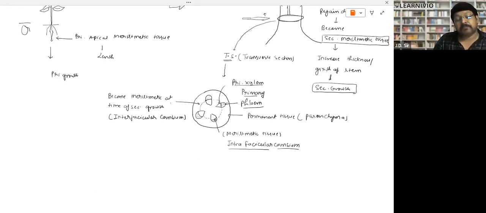These meristematic tissues between two vascular bundles we call interfascicular cambium. Clear? Is that clear, Martin? Yes, sir. Okay.